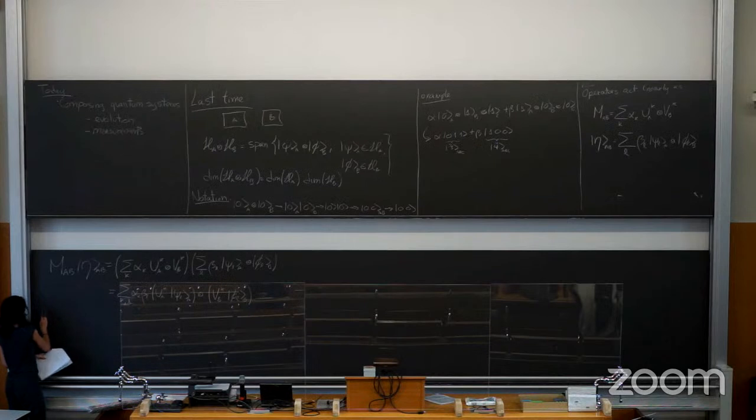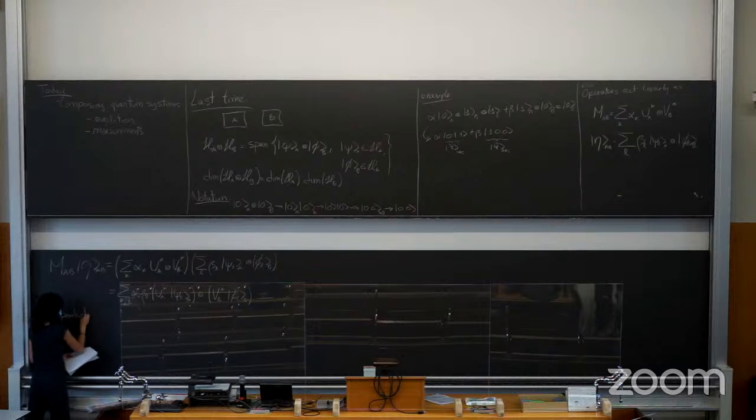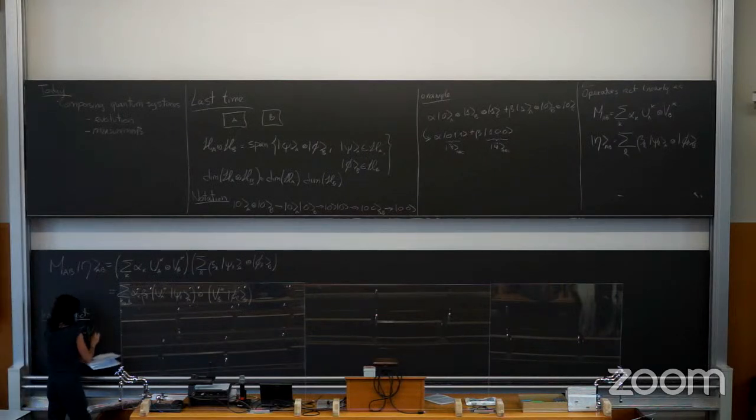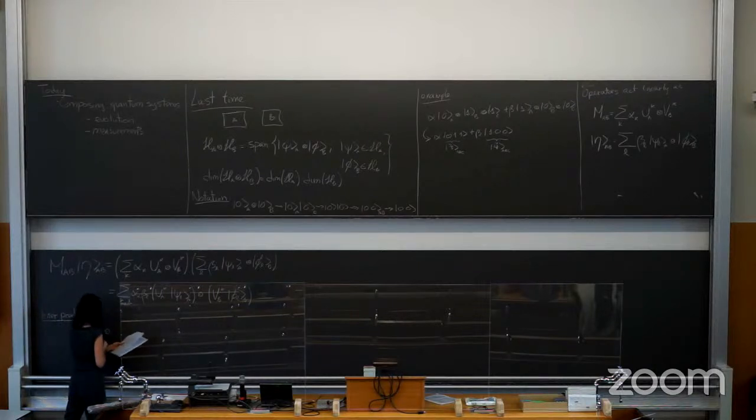In a product, it also acts linearly. So again, if I have some state, I'll do it now for a product state, and then if you have a linear combination, you just add all the combinations.